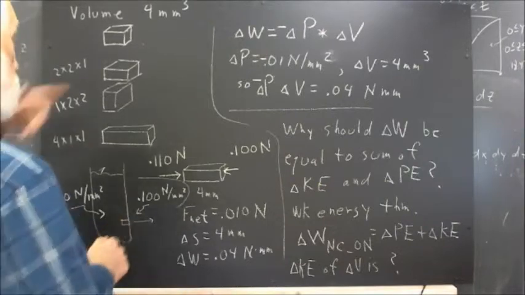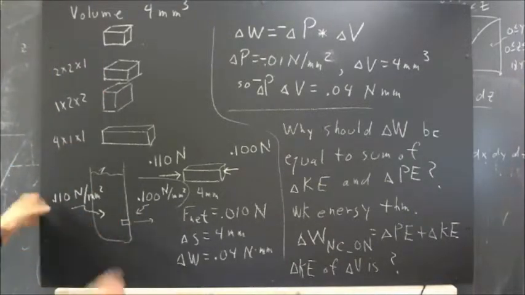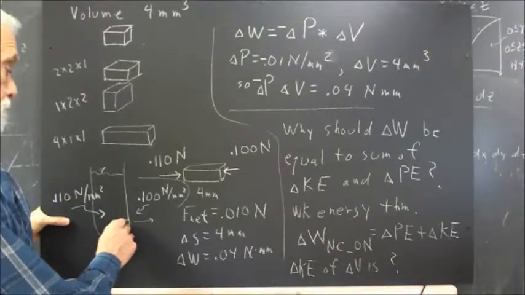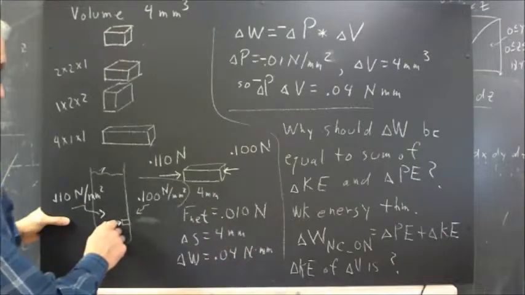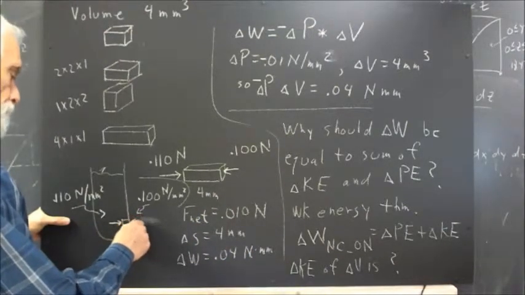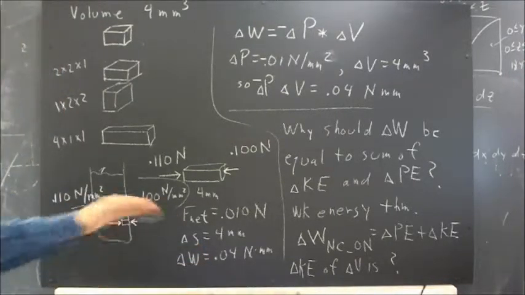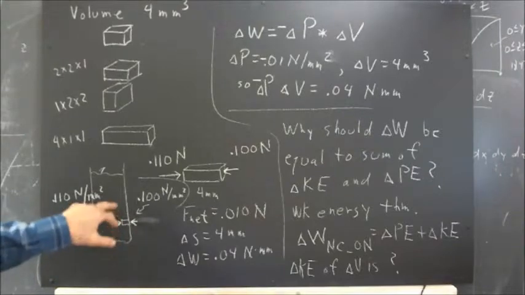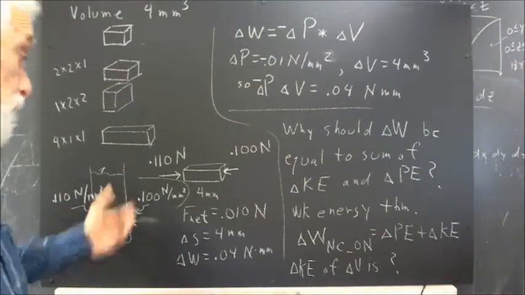So whichever of these shapes is here, it's got the 0.110 newtons per square millimeter here. This indicates, of course, that the thing is being expelled with some velocity, and a somewhat smaller force on this side is going to accelerate the object out of the container with some velocity.